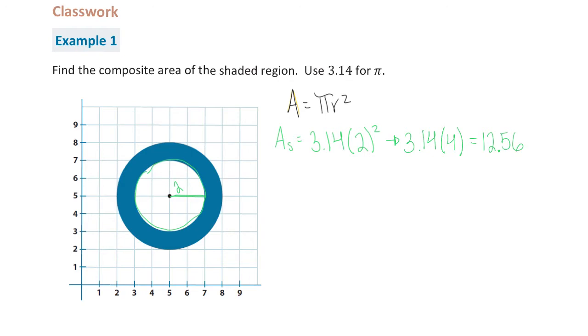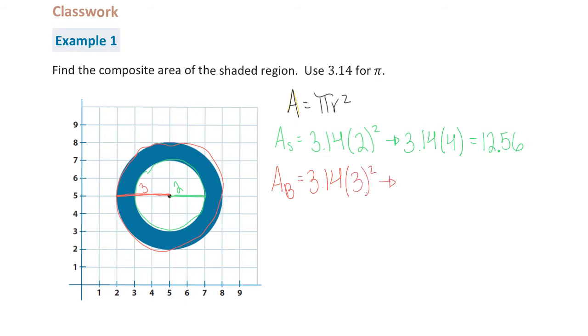Let's find it for our big disk. So I'm going to go ahead and outline this the best I could. That was pretty rough. So the area for the big disk, we're still going to use 3.14. And then we need to use the radius. Here, my radius is 3. So now I have 3 squared.